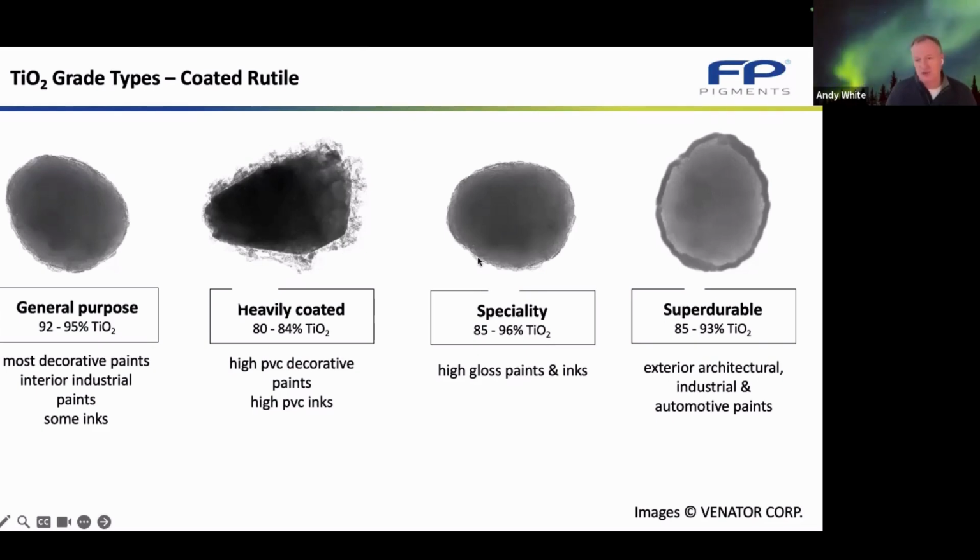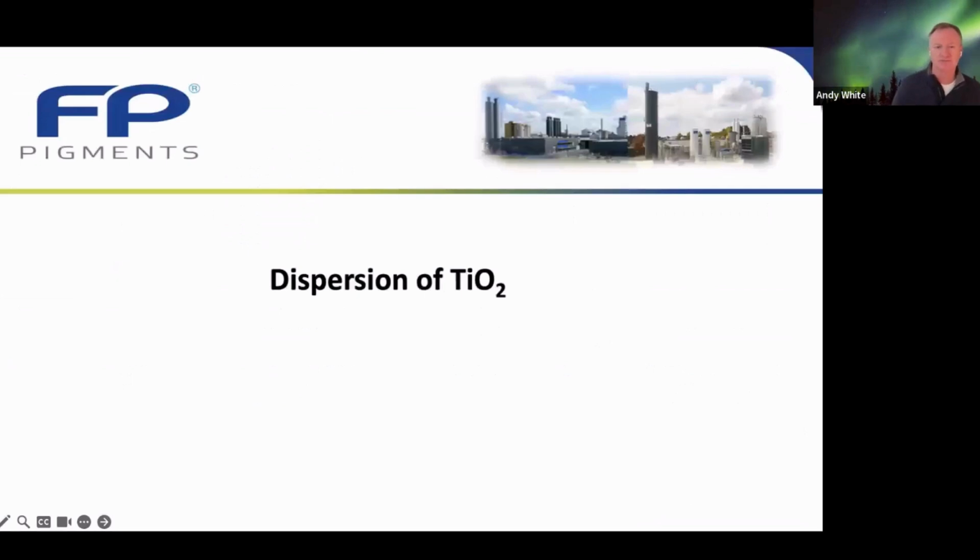You have some super gloss TiO2s like TO92 that Venator sell now, and RDIS that's sold by Venator, that has just a very, very small amount of alumina. And this is the super durable pigments with the dense silica. So you can see you have a lot more surface treatment and it's very dense. It's not diffuse, for exterior paints and automotive.